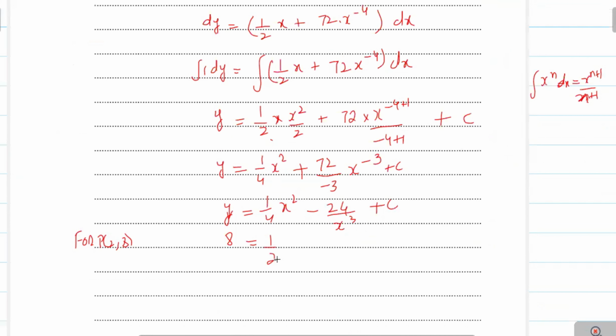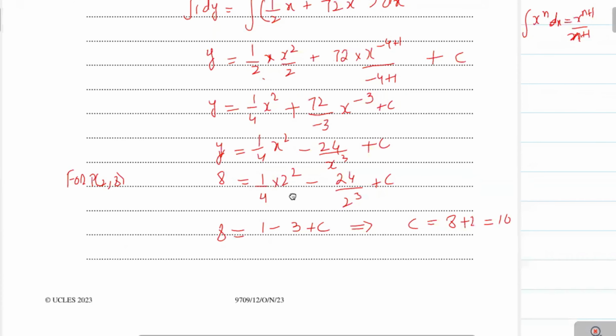We write 1 over 4 into 2 square minus 24 over 2 cube plus c, and this will be equal to 2 power 2 is 4 over 4 is 1 minus 24 over 8 is minus 3 plus c equal to 8, and this c will be equal to 8 plus 2, and this is equal to 10.